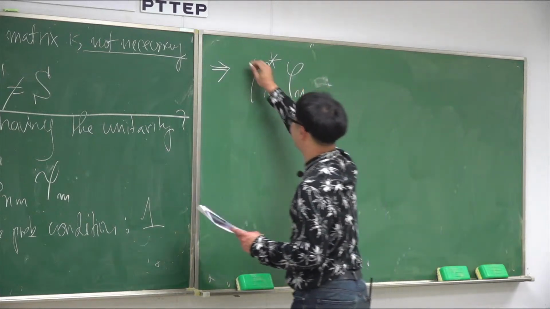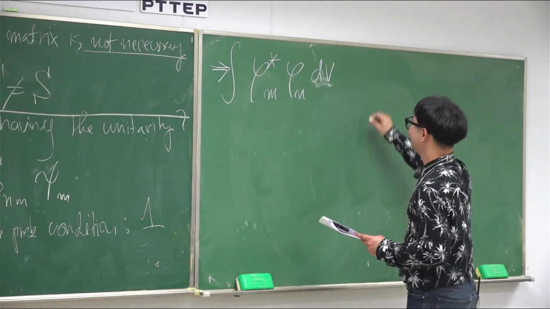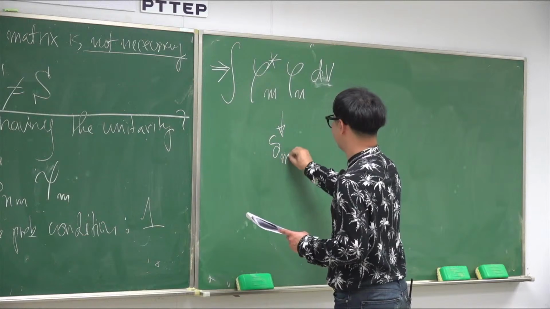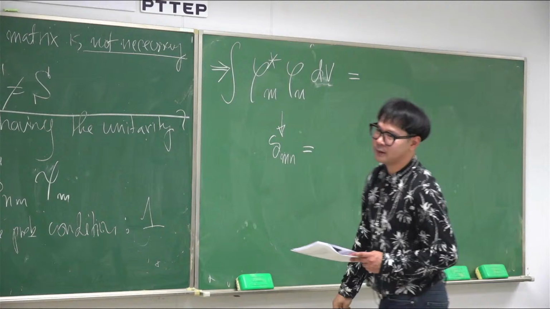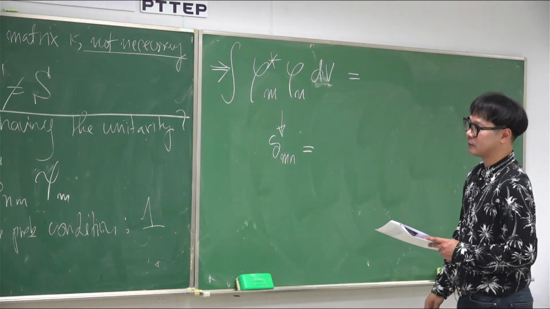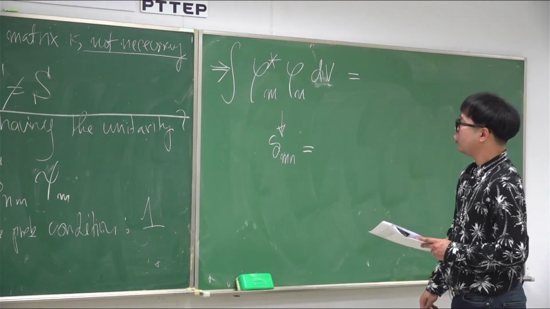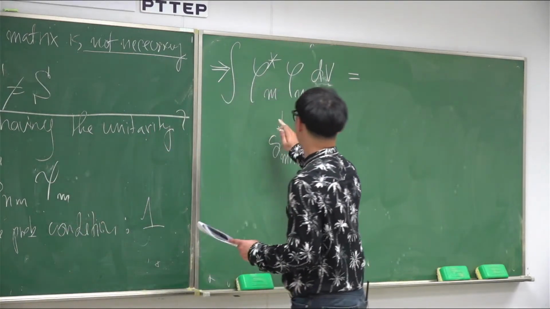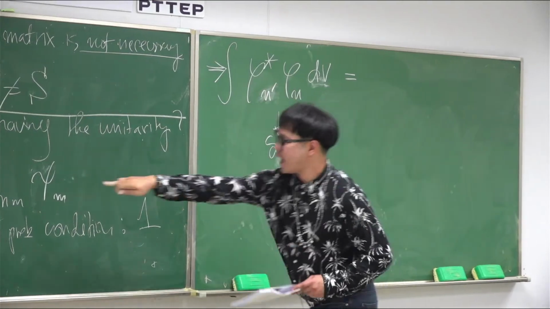Okay, we can do it with the integral. So on this side you're going to get this, and on this side, if you start from that... I'm sorry, I should put this as M prime because we use M already there.